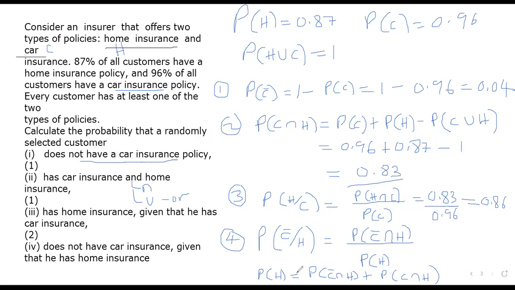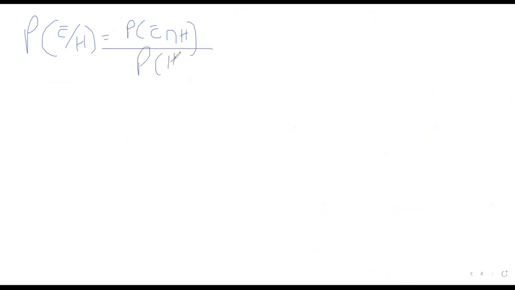The question is asking us to find the probability that he does not have car insurance given that he has home insurance. So we are saying probability of C complement given H. This is easy. So you're going to say C complement intersection H over the probability of H. How do we know which rule to use?